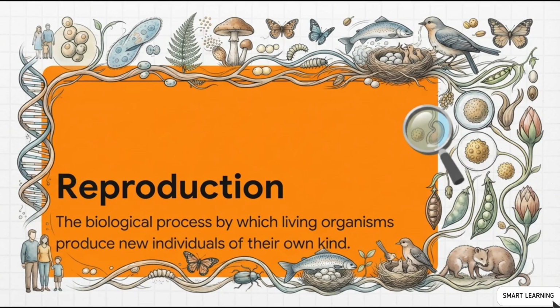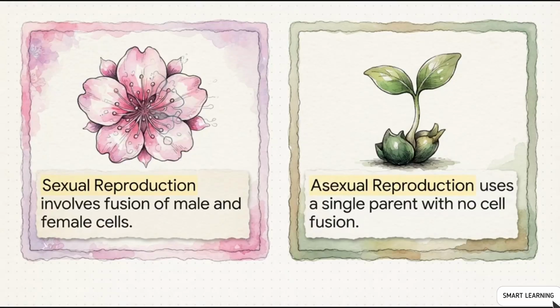Before we get into the how of it all, let's just quickly define reproduction itself. Simply put, it's the biological process by which living organisms produce new individuals of their own kind. It is literally the fundamental drive for survival across all life on Earth. And plants achieve this through two completely different paths.